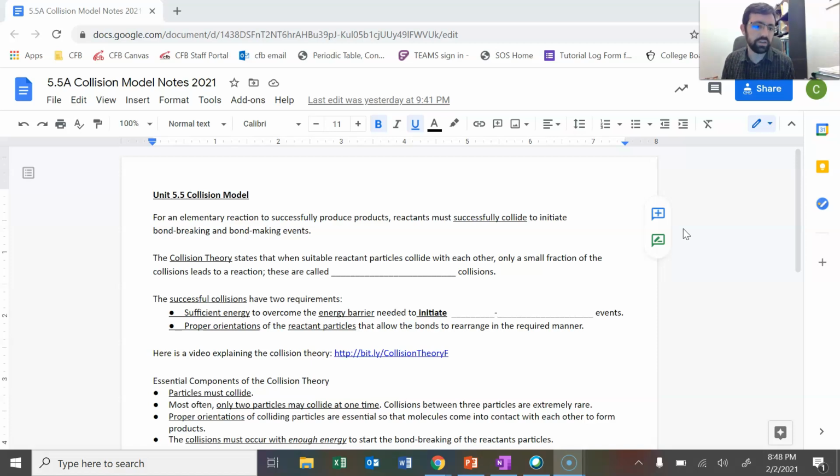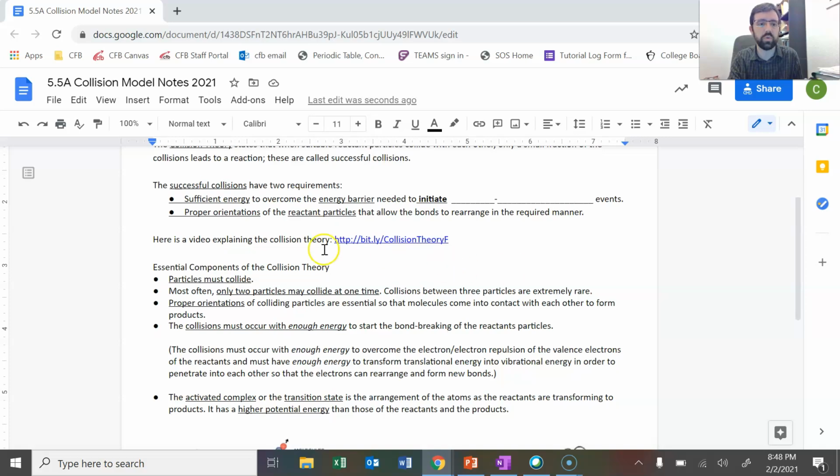The collision theory states that when suitable reactant particles collide with each other, only a small fraction of the collisions leads to a reaction. These are called successful collisions. So it's just a small fraction of the collisions that are actually successful. The successful collisions have two requirements. They have to have sufficient energy to overcome the energy barrier needed to initiate what we call bond breaking events.